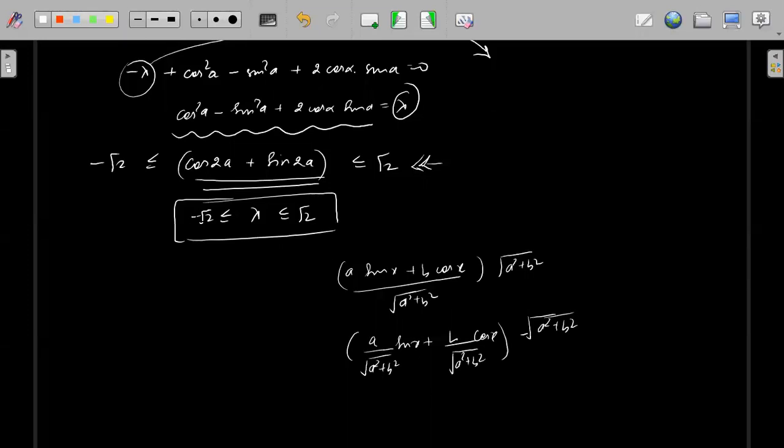So this will be plus or minus that root. Here A is 1, B is 1, so plus minus root 2. Understood? So just copy this one also.